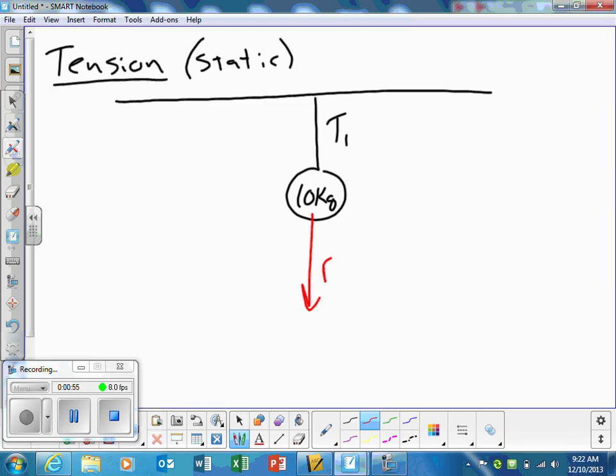So we know the force of gravity here is 100 newtons. And since this thing is static, that means there's no acceleration. Well, static means there's no movement, which by default means there's no acceleration. It means that there must be the same force in the opposite direction. So tension is 100 newtons.